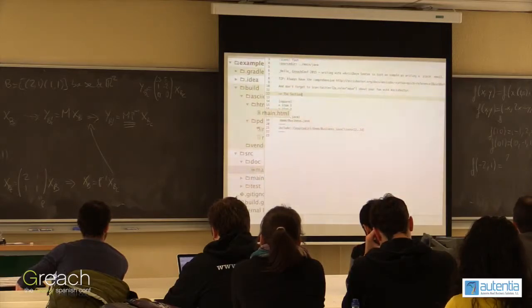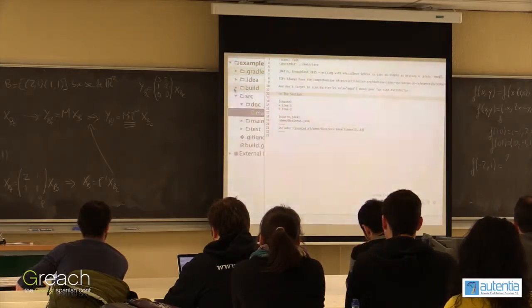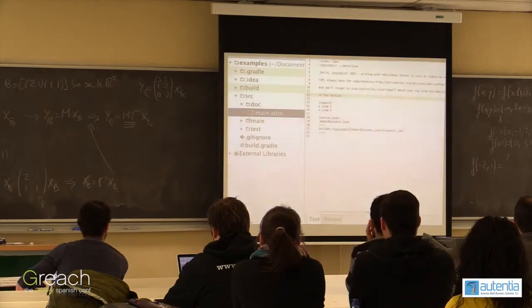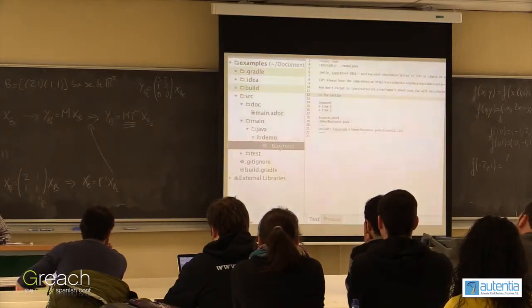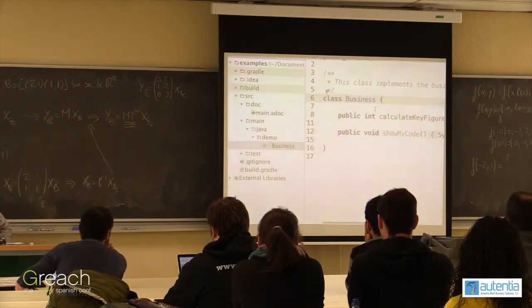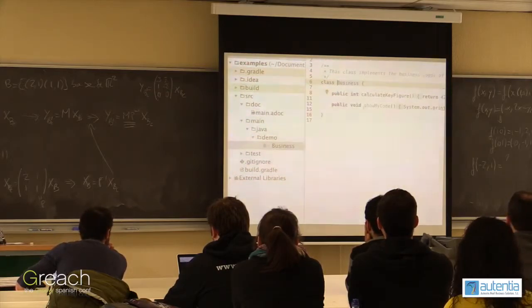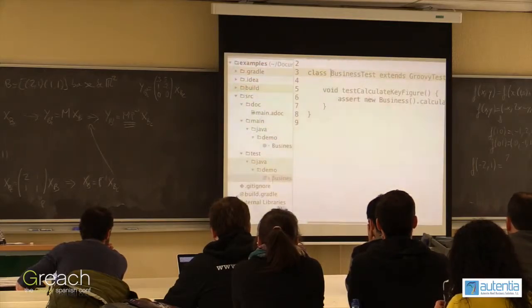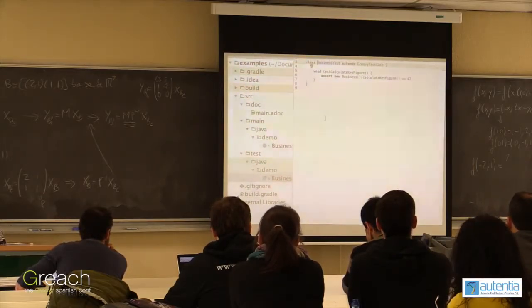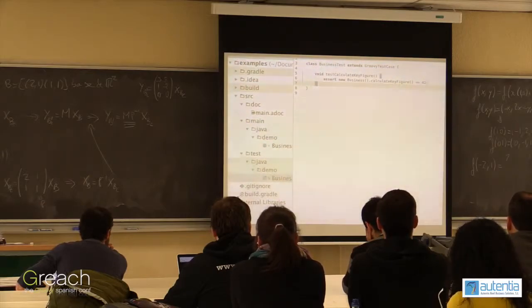So our project just changed here. We now have source name, Java demo business. This is our business code. And of course we have tests for that. That would make sure our method returns 42.